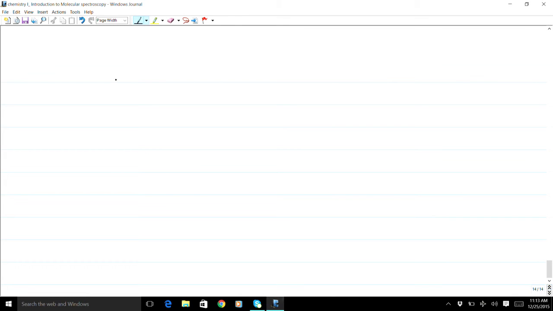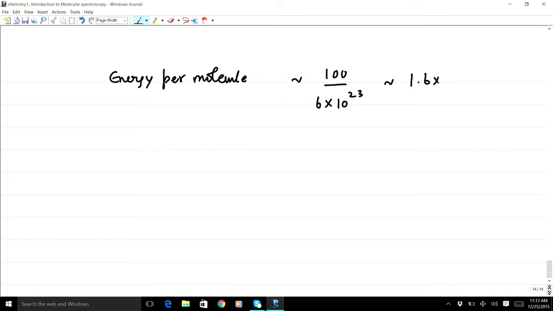So, if you are looking at the bond energy per molecule, let us assume 100 divided by the Avogadro number, 6.022 times 10 to the 23. So, you are looking at about 1.6 times 10 to the minus 22 joules. This is kilocalories multiplied by 4.18.